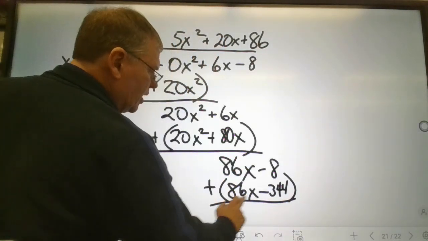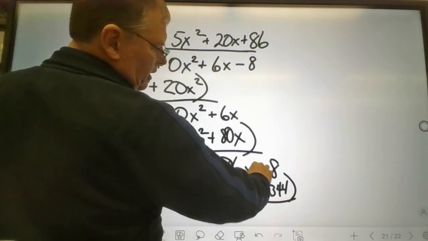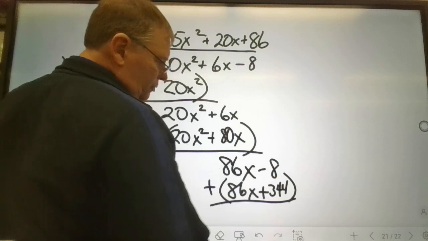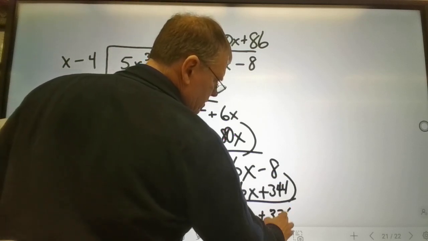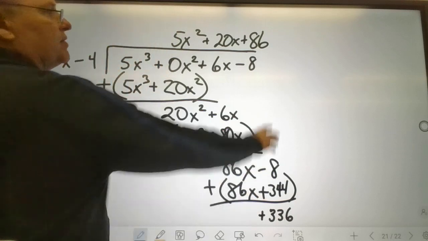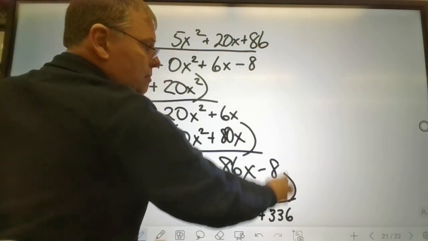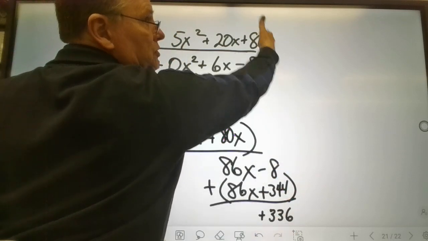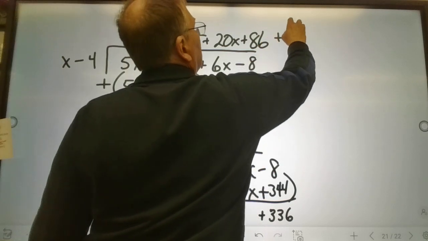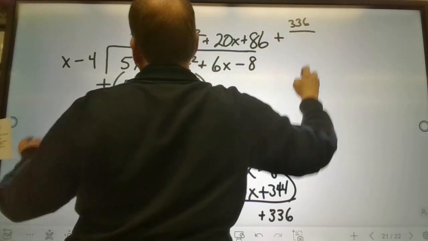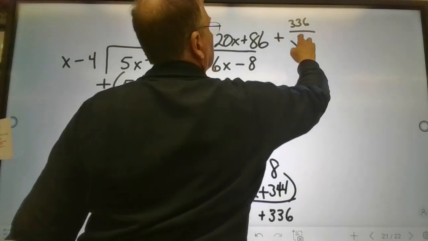This is gone. Subtracting the negative. And the negative 8 and a positive 344 gives me a positive 336 as a remainder. I've got nothing more to bring down. That's how I know I'm at the end. I also ran out of space up here. It's a positive, so that's a plus 336 over my divisor, which is an x minus 4.